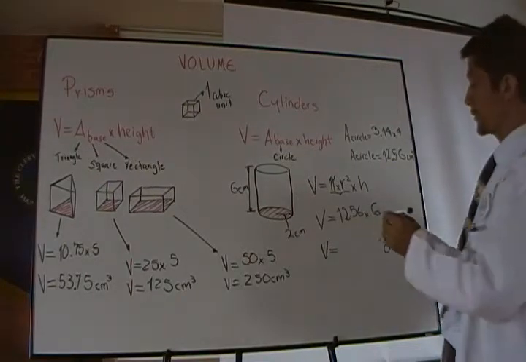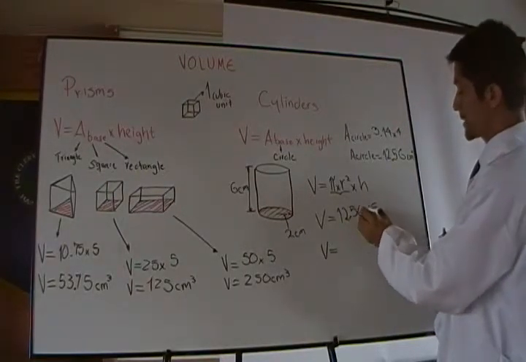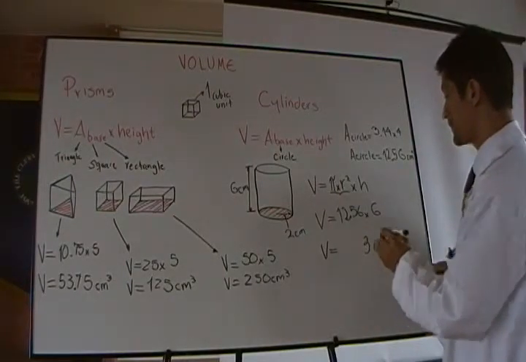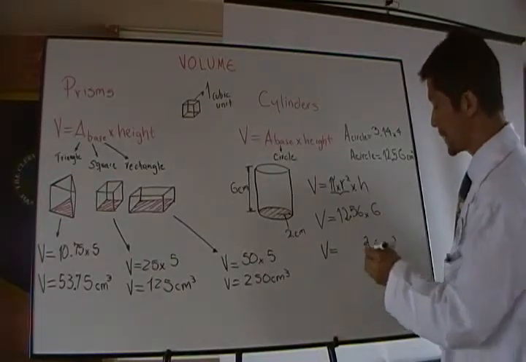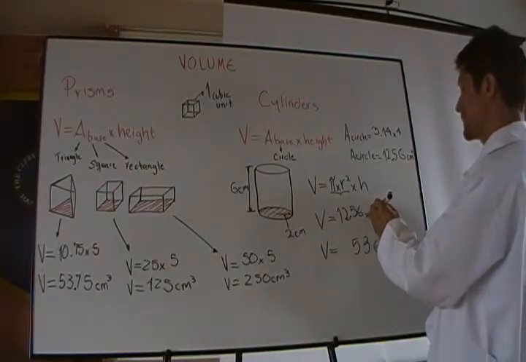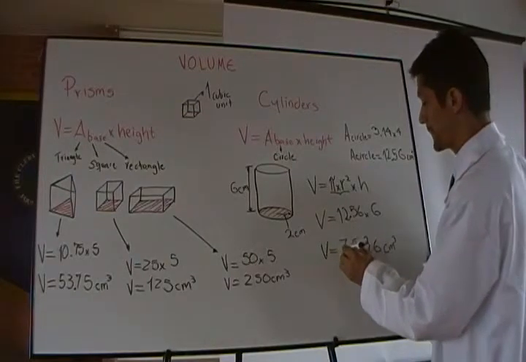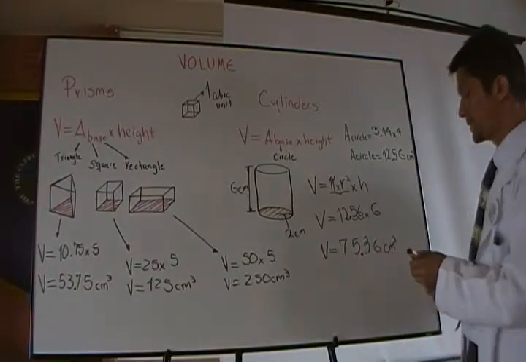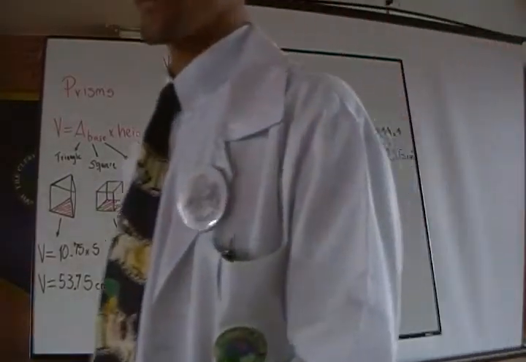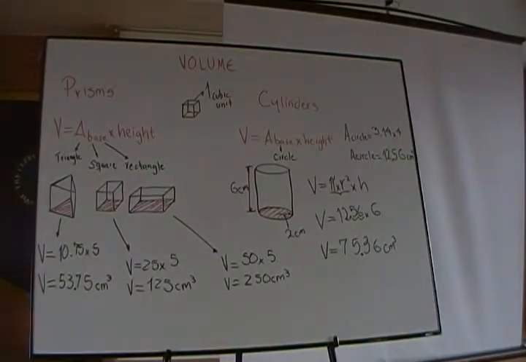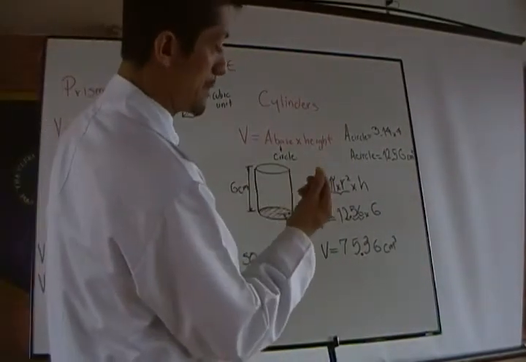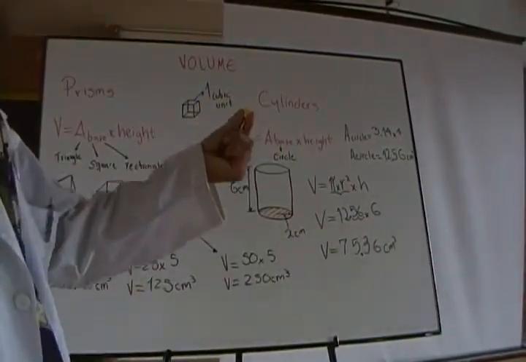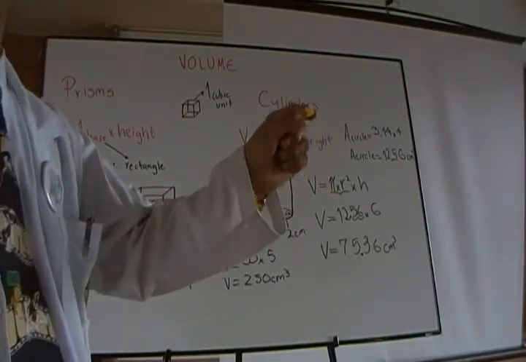So if we multiply, we can consider the decimal places. 6 times 6, 36, carry 3. 6 times 5, 30 and 3, 33, we carry 3. 6 times 2, 12 and 3, 15, carry 1. 6 times 1, 6, and 1, 7. Now here we have to consider these two decimal places. So let's put them here. And basically for this cylinder, we're going to put together 75 of these and 36 hundredths of this, which is a cubic centimeter.